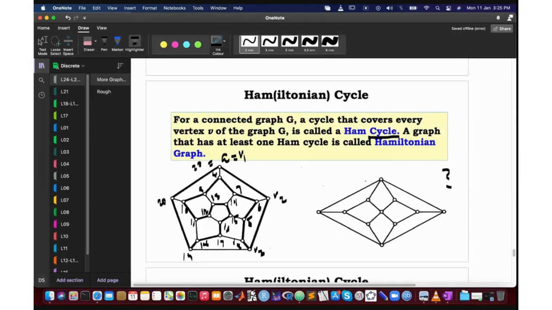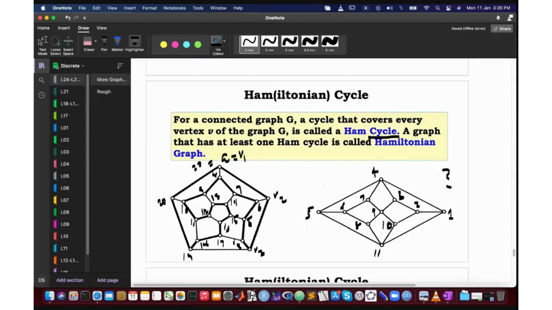Okay, let me try to do it. Let me start it here. 1, 2, 3. Yes, it can be done. 4. It can be. How? Here, the leftmost one. Let me label it. Then you can give me the numbers 6, 7, 8, 9, 10, and 11.